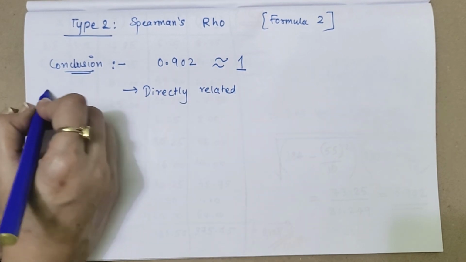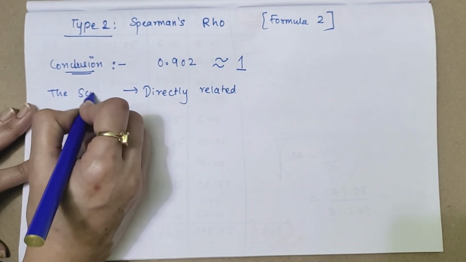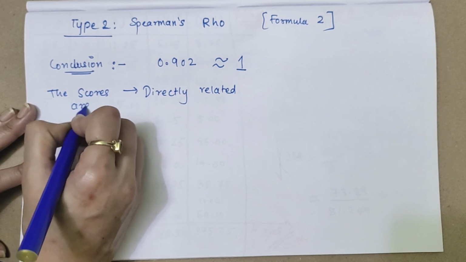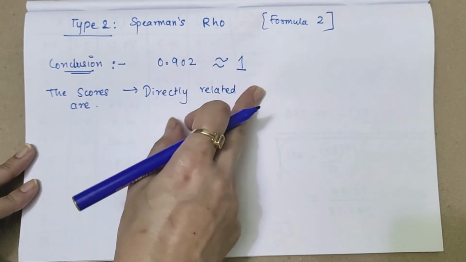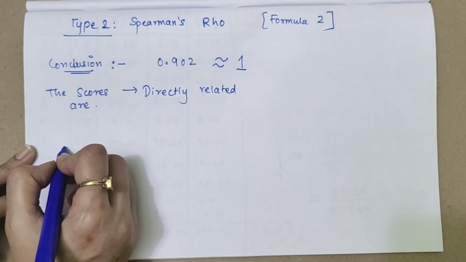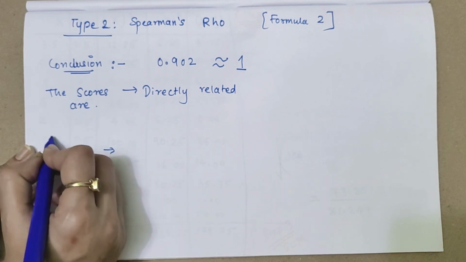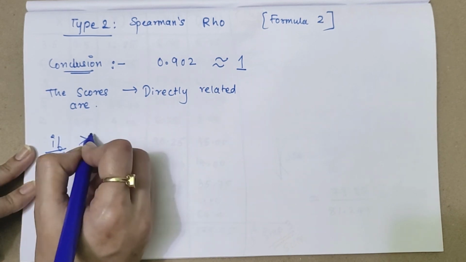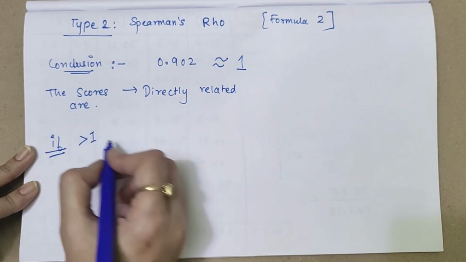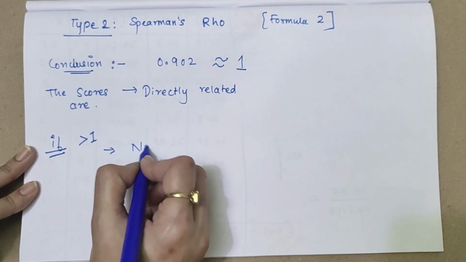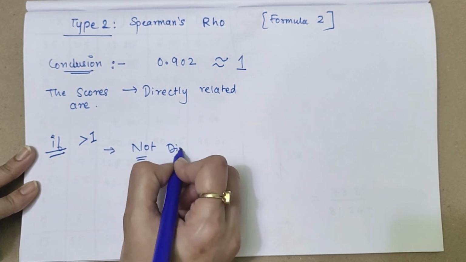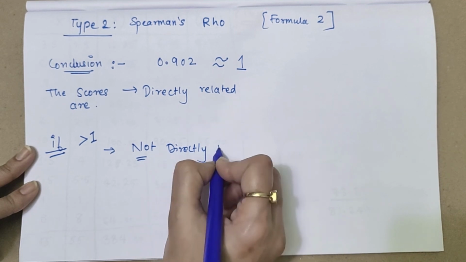The scores are directly related. And if it was very much more than 1, then not directly related.